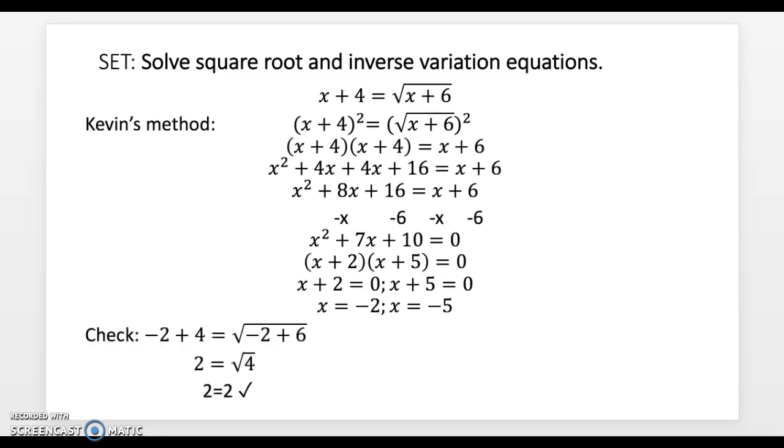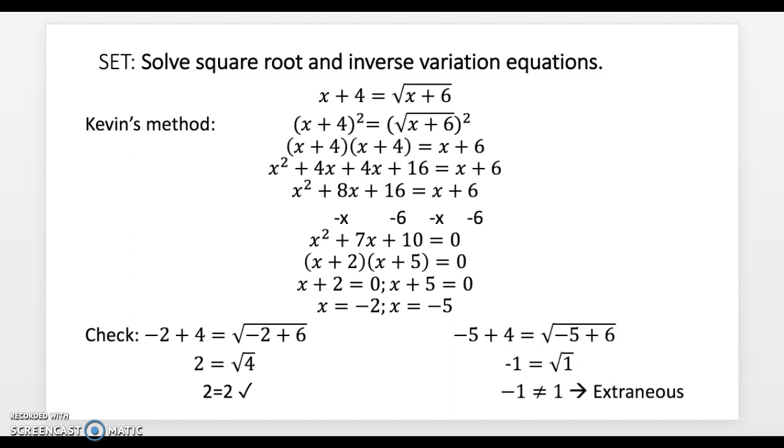Well, we have to make sure that there are no extraneous solutions, so we're going to check it. So we're going to plug in negative 2 to our original equation. We find that negative 2 plus 4 is 2, and the square root of negative 2 plus 6 is the square root of 4, and that gives us 2 equals 2. So that is indeed a solution.